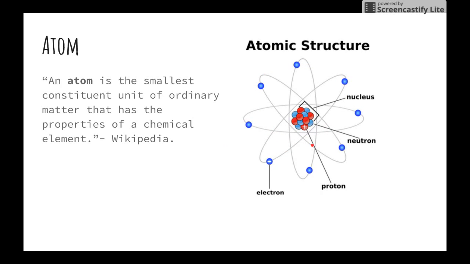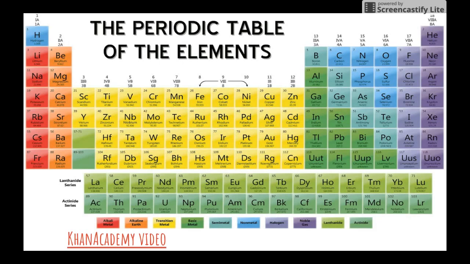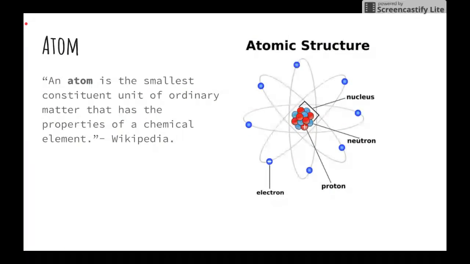Most atoms contain all three types of these subatomic particles: electrons, protons, and neutrons. Hydrogen is an exception though, because it has one proton, one electron, but no neutrons.